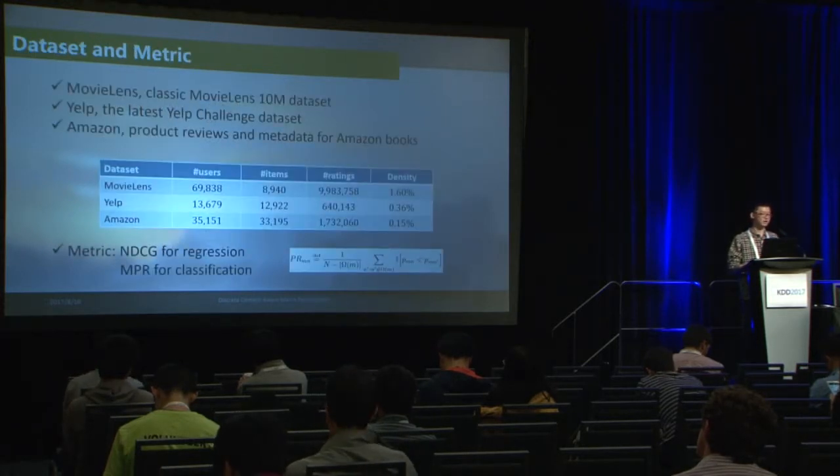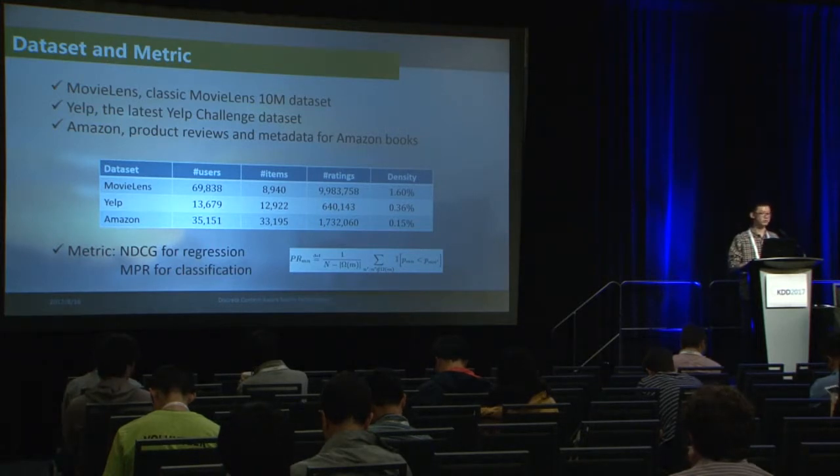Now, let's discuss our experiments. We evaluate our proposed model on 3 public datasets: MovieLens, Yelp, and Amazon. The basic statistics of these datasets are shown in the table. And the recommendation performance is assessed by widely used metrics. We use NDCG for the regression task and mean percentile rank for the classification task.